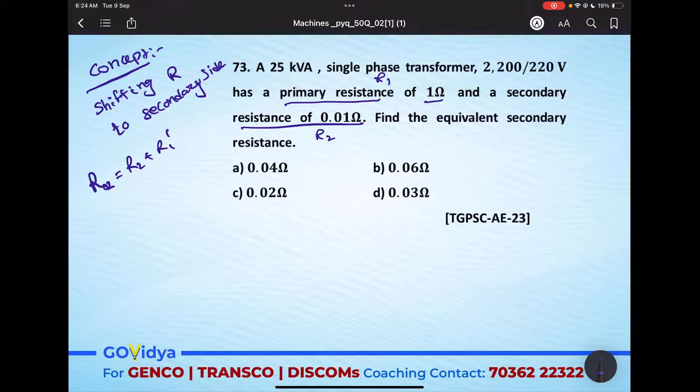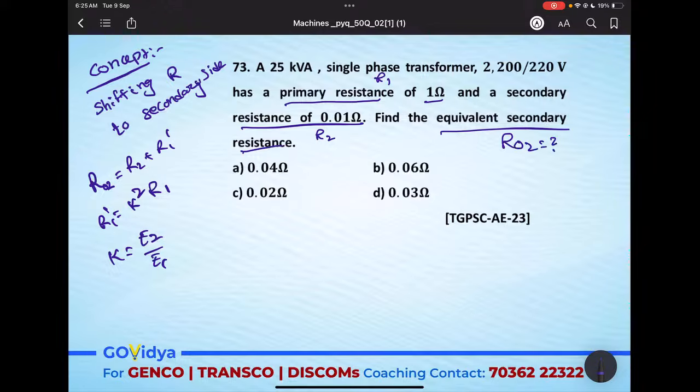R1 dash is equal to K square into R1, where K is transformation ratio E2 by E1. These are the formulas we know related to the shifting of resistance from primary to the secondary. What they are asking, equivalent secondary resistance, that is R02 we need to calculate.